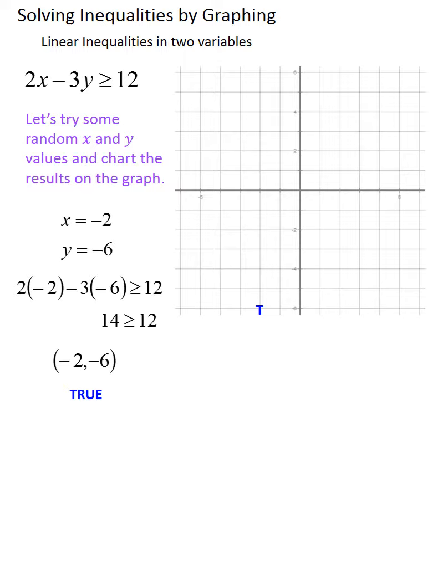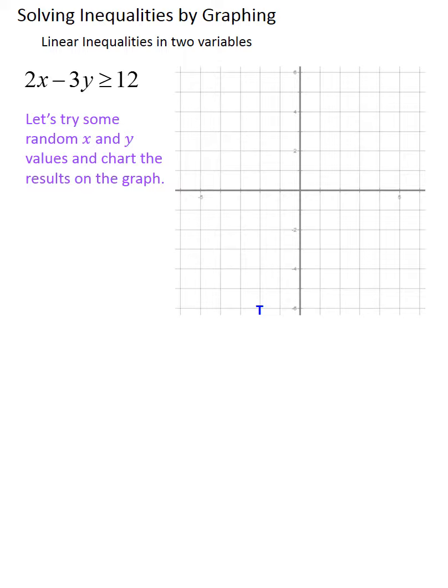Well, I found one solution to the inequality. I'm sure there are more. Let's pick another random point, 1, 1. If I substitute 1 for x and 1 for y, and I do the algebra, I get a false statement. So I'm going to put a false at the point 1, 1.